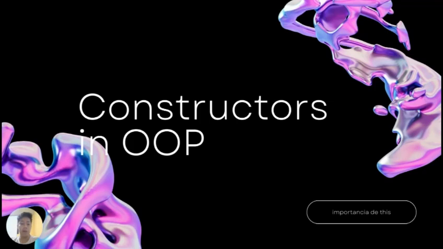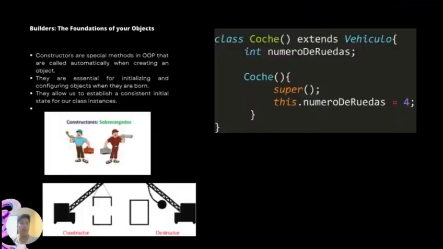Constructors in OOP. Constructors, the foundations of your objects. Constructors are special methods in OOP that are called automatically when creating an object. They are essential for initializing and configuring objects when they are born.